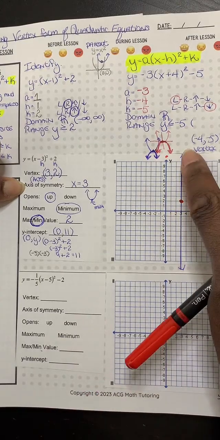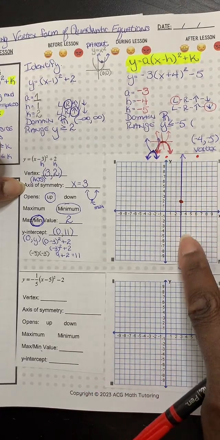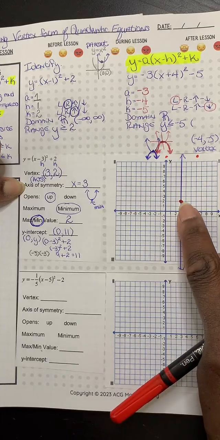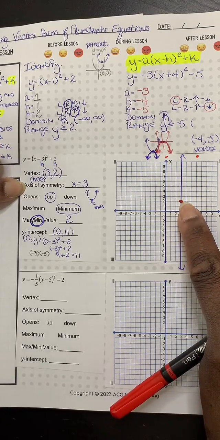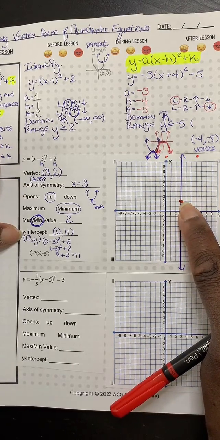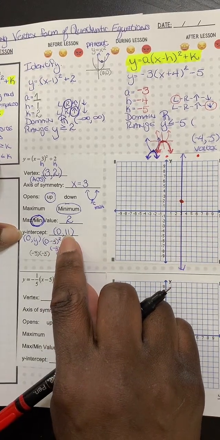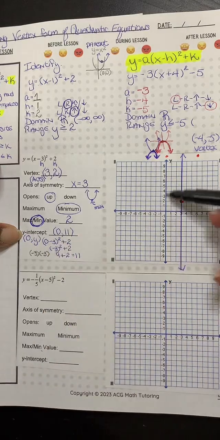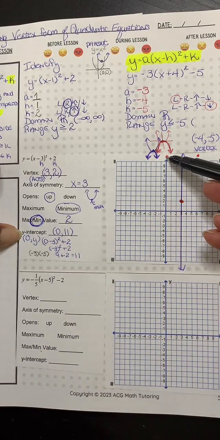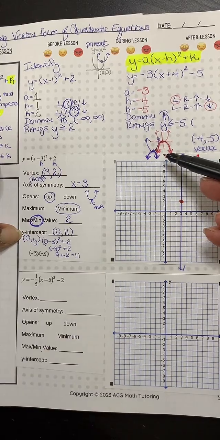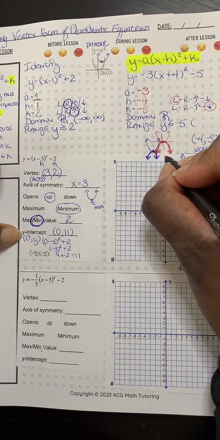So we have our line x equals 3 going right through that vertex. Now another point that we have is our y-intercept, and our y-intercept is (0, 11). But my graph only goes up to about 10, so 11 is just slightly above, right? And you can just go ahead and draw a point.